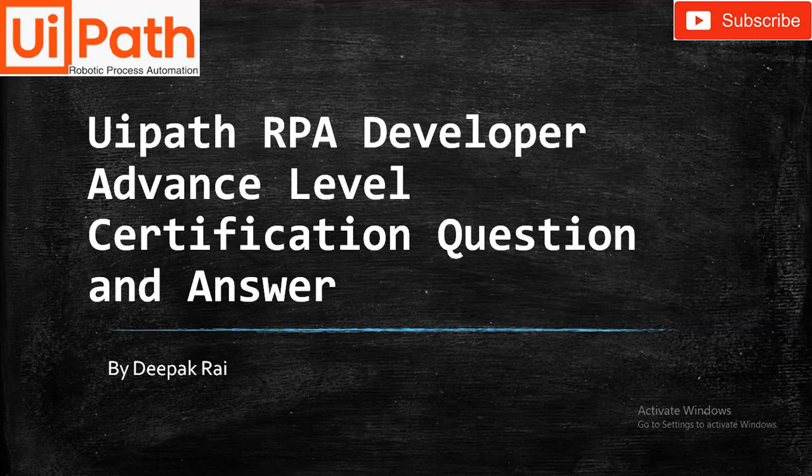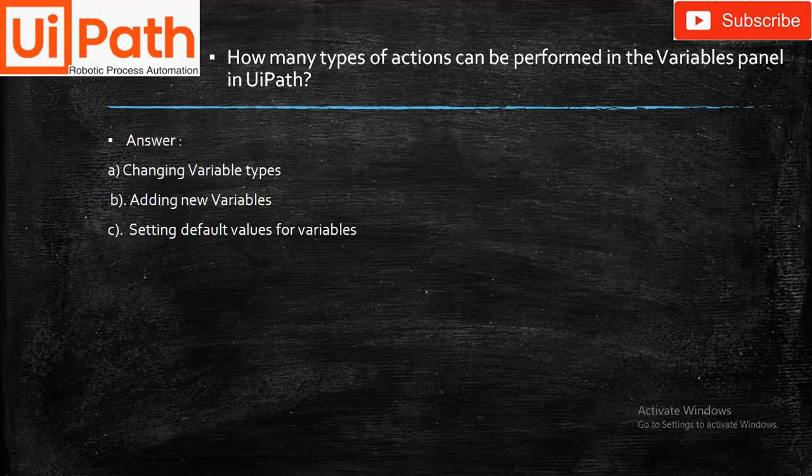Let's start with the questions and answers of the RPA Developer Advanced Level Certification. Our first question will be, how many types of actions can be performed in the variables panel in UiPath? At the time when you get the questions and answers, you will get 4 options for every question, which I have already informed you in my previous certification tutorial.